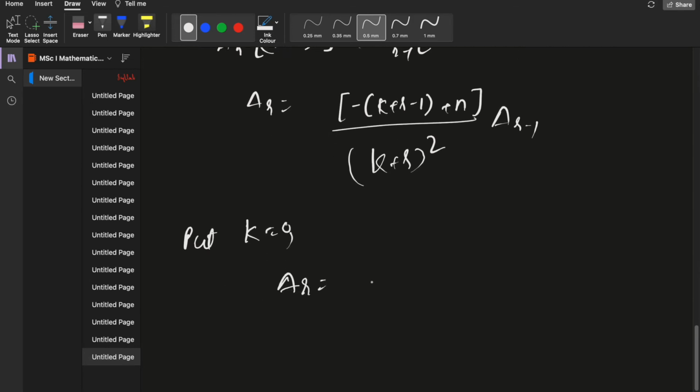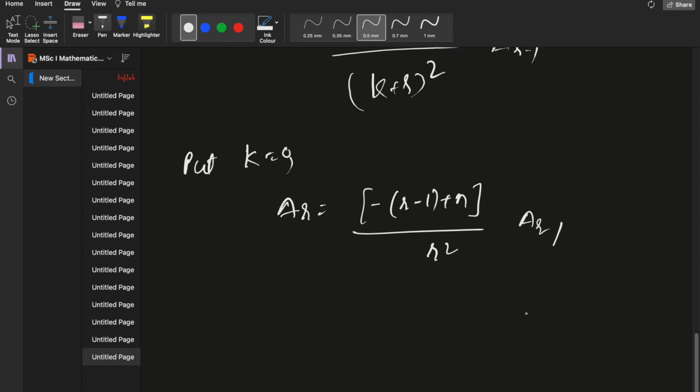So ar is minus (r minus 1 + n) upon r square a(r minus 1). Alright, so just rearrange this.